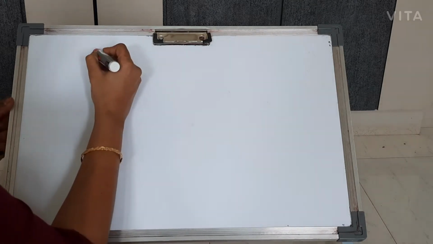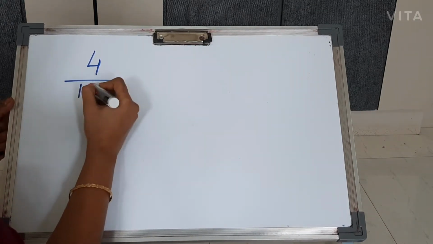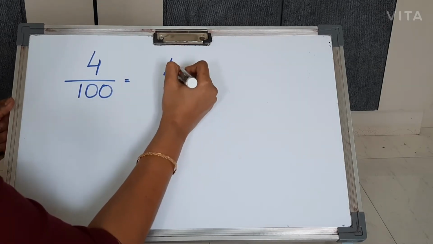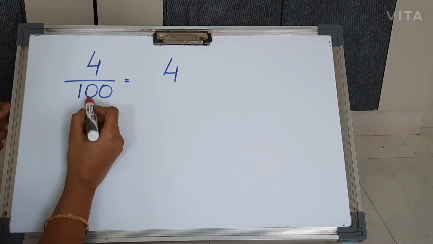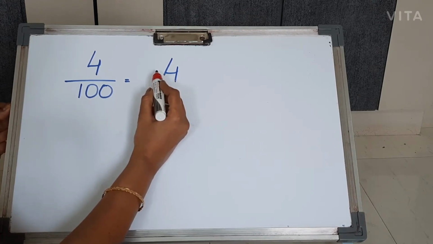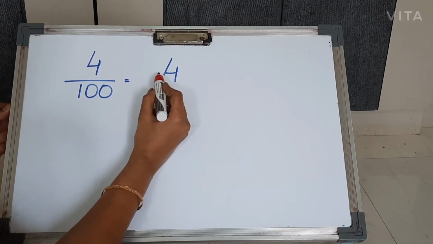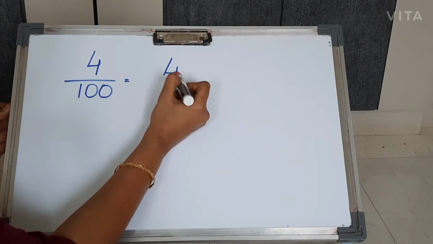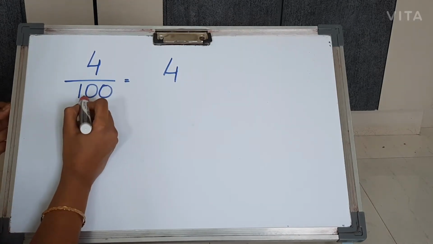Now suppose we take 4 divided by 100. Again we will write the numerator here, which is 4. Now how many zeros are there? 2. So before two numbers we will put the point, that is the decimal. Starting from the ones place, only one number is there, so this is ones. And how many zeros are there? 2.